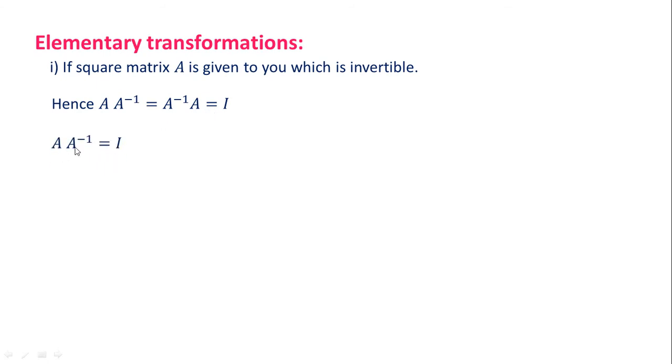Now take A into A inverse is equal to I, say this is equation number 1. What is the method here? By elementary transformations, if you take this equation, because there are two equations here, A into A inverse is equal to I and also A inverse into A is equal to I, but if you take A into A inverse is equal to I, what is the procedure to get the inverse of matrix A?